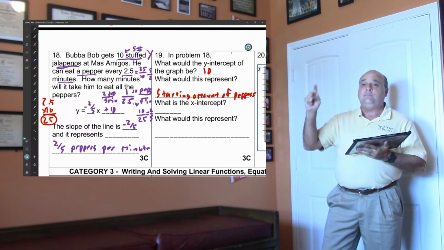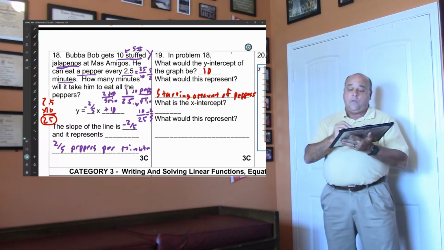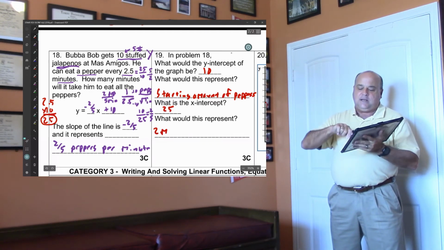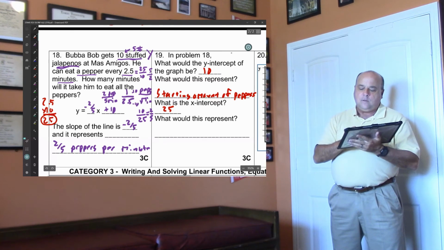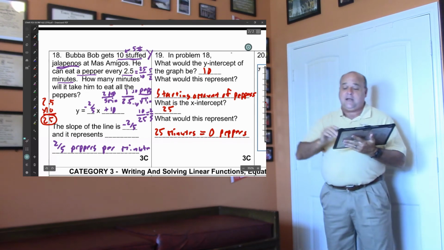Negative 2/5 times 25 is negative 10. Negative 10 plus 10 is 0. So the x-intercept would be 25, and you would write down 25 minutes equals 0 peppers. That's when you would run out. That would be the 0 of the function. That's when you'd be out of peppers.